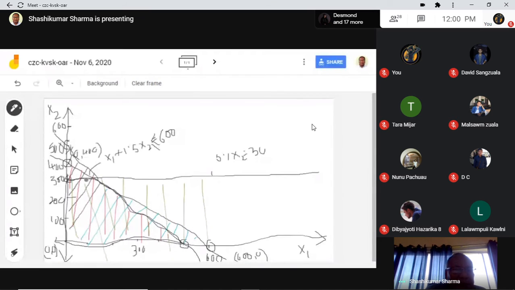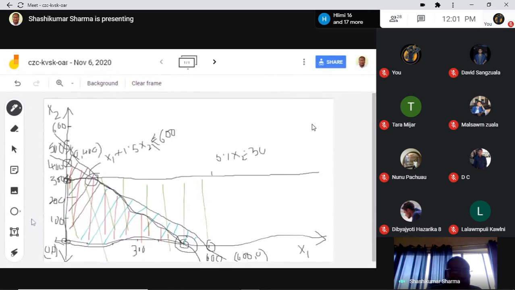This region which has all the three colors is called the feasible solution area. The coordinates at this point, this point, this point, and these points are the possible solutions, or anything in between inside.